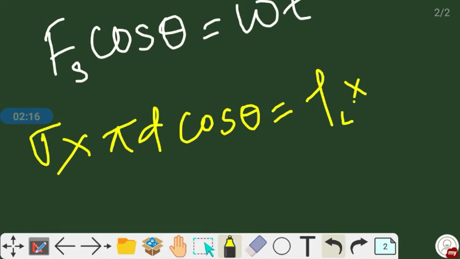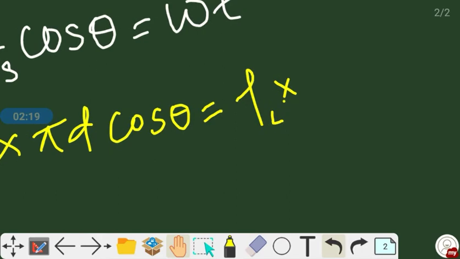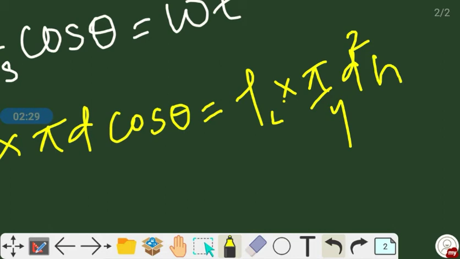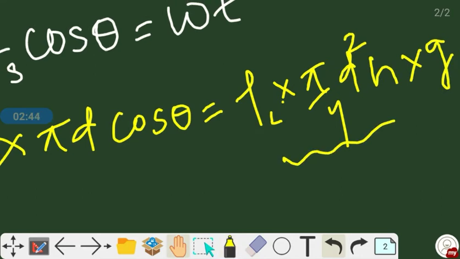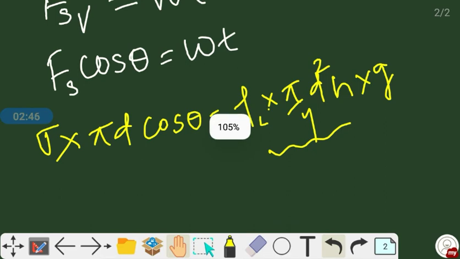For the volume we can write pi by 4 d square, this is the cross sectional area, into height h, and into g. This is the mass, and into g, then we will get the weight.